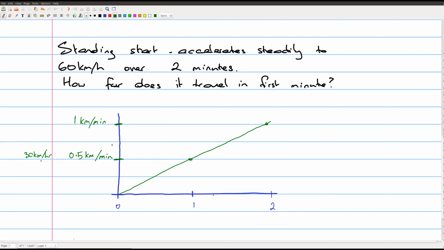So if we care about the distance traveled in the first minute, and if you believe all the arguments that we developed yesterday in our first lecture, then what you care about should be the area of this triangle, which is enclosed under the speed graph over the first minute. That triangle is 1 minute in width.